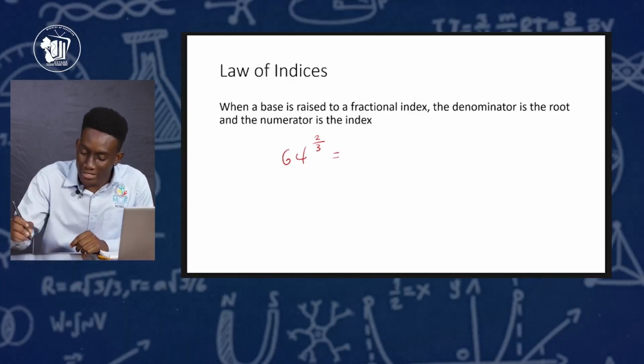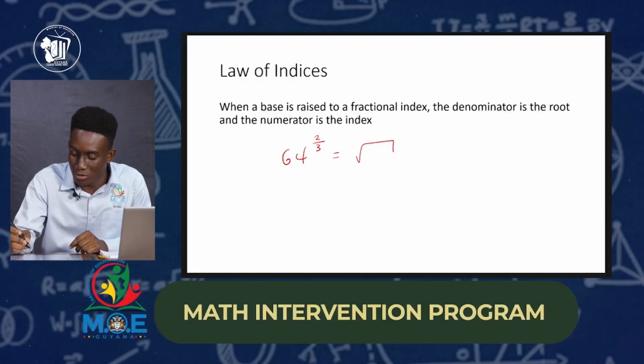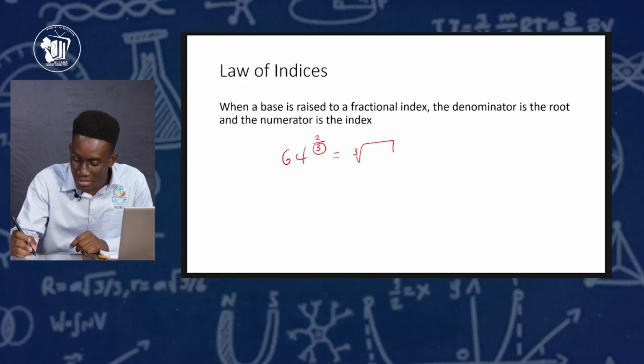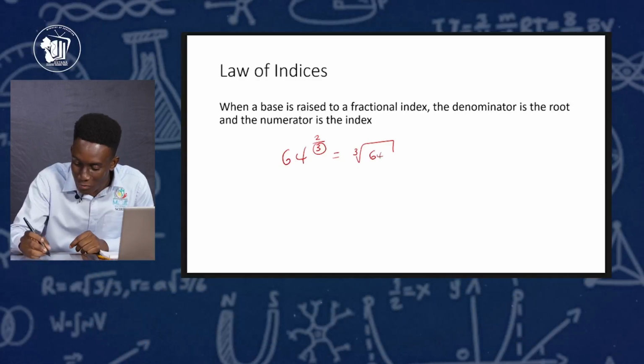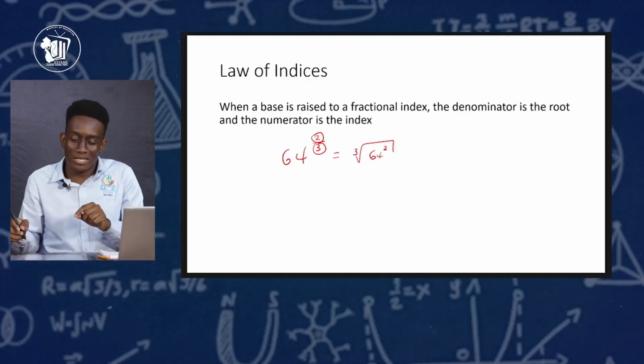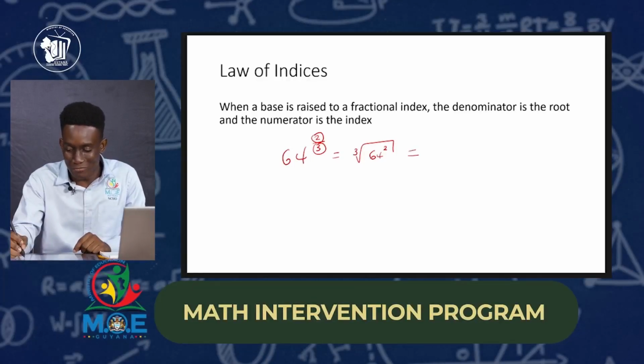So we can rewrite this as the cube root. We put a root sign and this number here will go here. And then we put back the 64 and it will be raised to the 2nd power. And we can punch this in our calculator and this will give us an answer of 16.